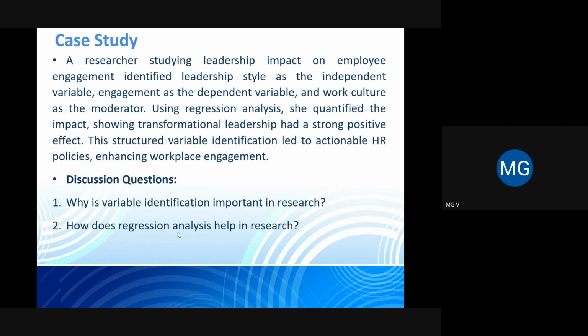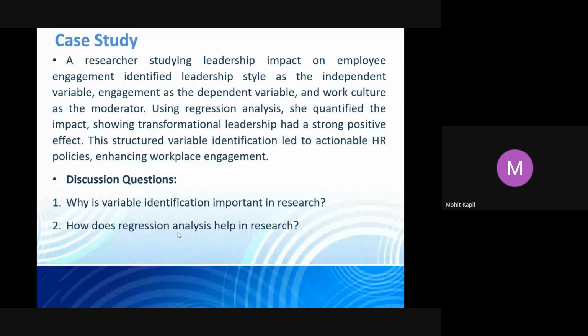How does regression analysis help in research? Ma'am, regression analysis is a statistical tool which tells the impact of one variable over the other by writing an equation y = a + bx, where y is the dependent variable and x is the independent variable, and a is the intercept, which is also known as error.